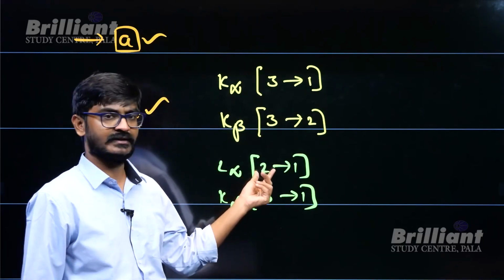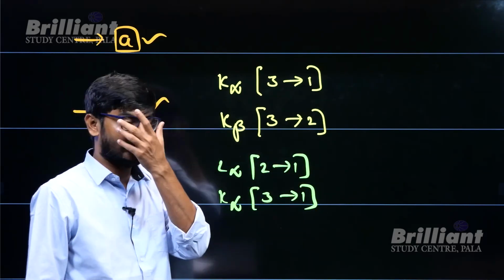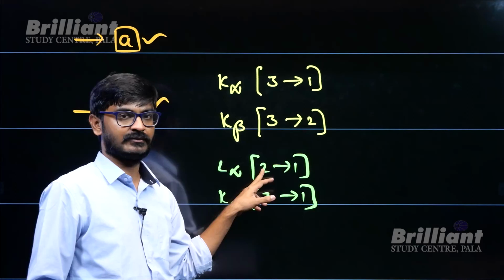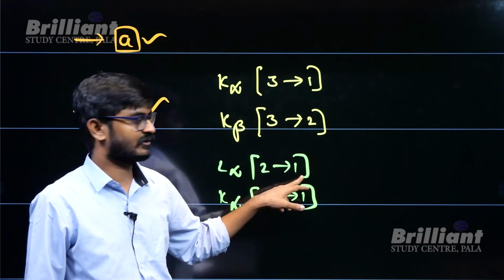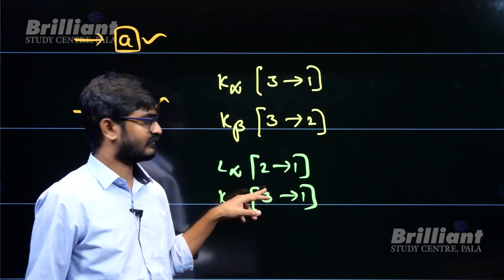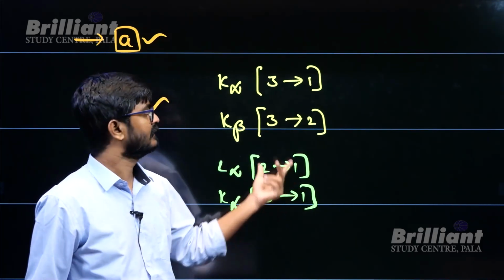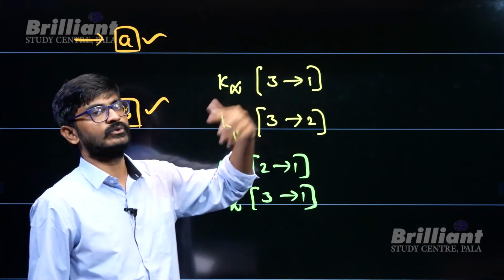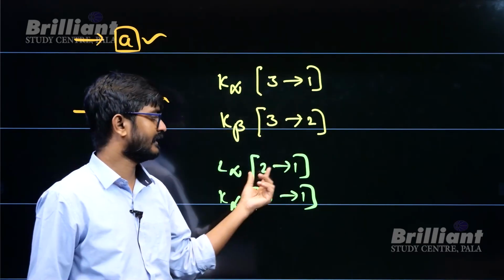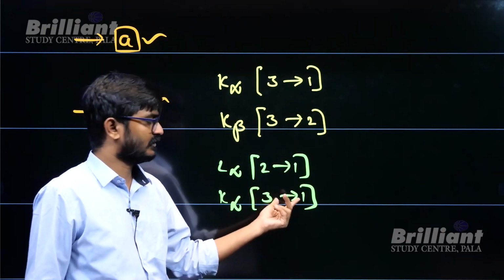L alpha happens when an electron occupies the vacant place available in the first orbit, so when an electron is coming from the second orbit to the vacant place in the first orbit. But this doesn't mean some electrons from the third orbit will be coming into the first orbit. This need not be true, right? So when 3 to 1 is possible, 3 to 2 and 2 to 1 is also possible. But when they are talking about 2 to 1, there is no need for the possibility of 3 to 1 to happen.